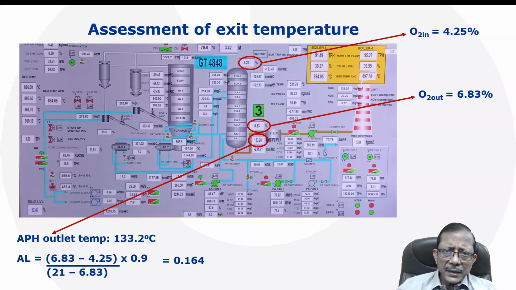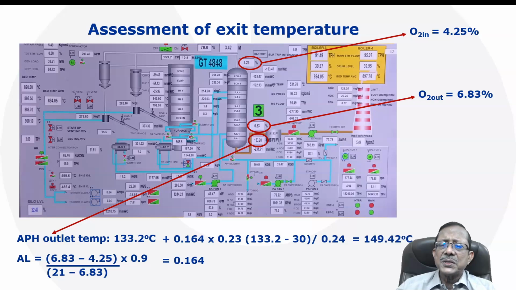And if you take that into account, the corrected gas temperature, instead of 133.2 degrees, is coming to 149.42 degrees centigrade, right? Now that is the impact of these leakages, a straight 16 degree centigrade increase in the gas temperature. Now, if you are looking at the DCS, you are pretty much used to that gas temperature, and it is not going to bother you.